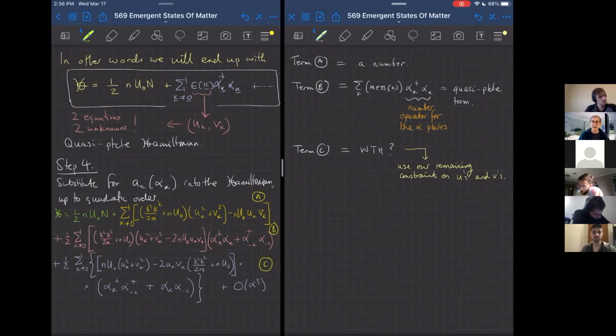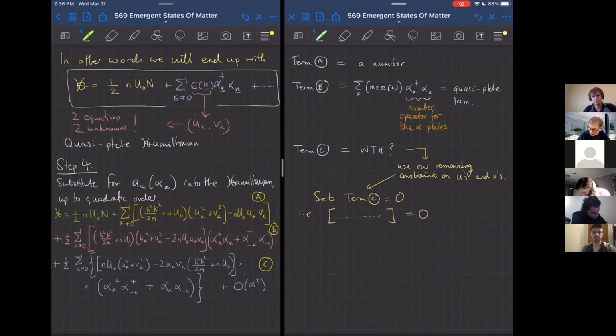One of them was uk squared minus vk squared equals 1, but I need to determine those functions. So what we're simply going to do is set term C equal to 0, i.e. set the term that is in the square brackets equal to 0. And the term in the square brackets is this function of u's and k's and things like this. So let's just set that equal to 0.